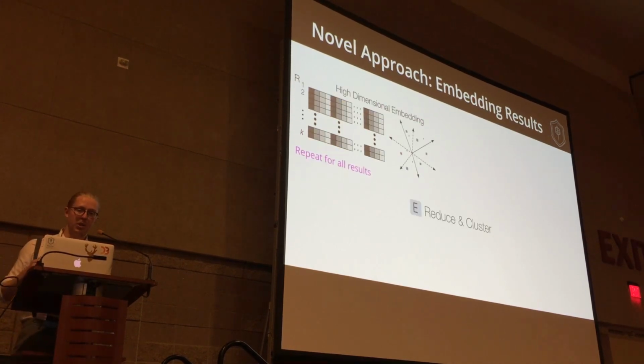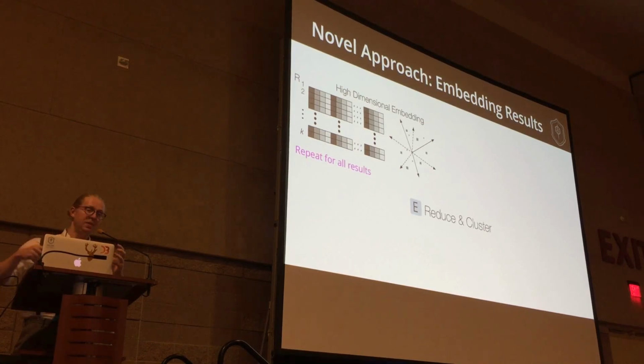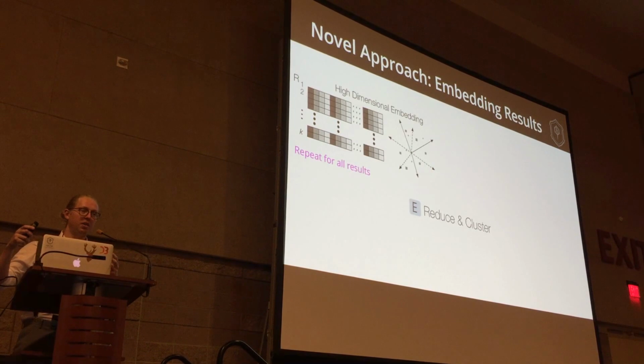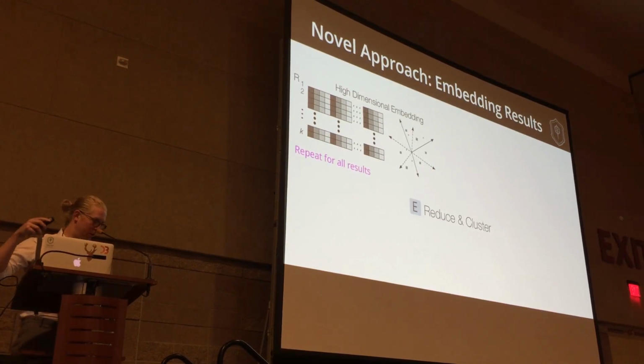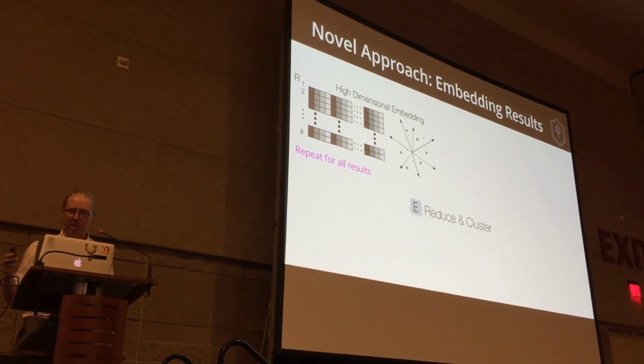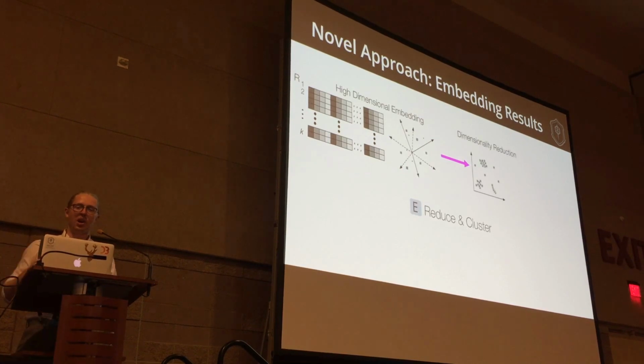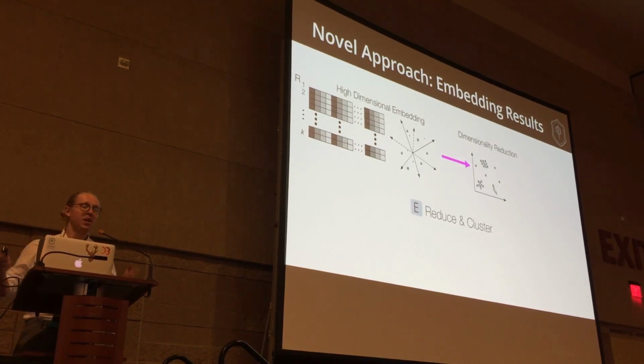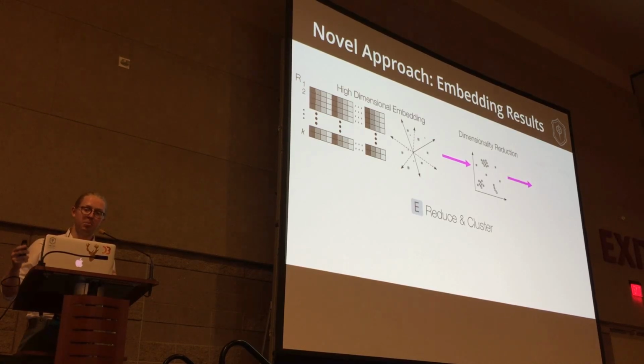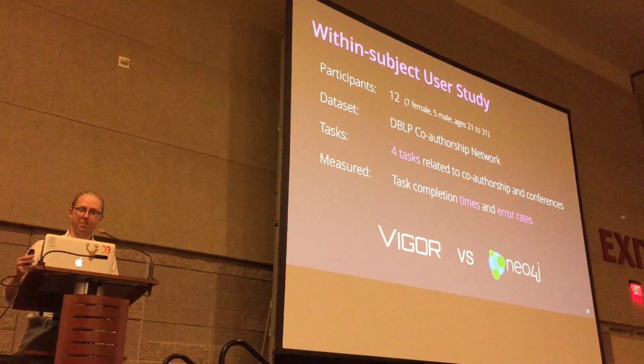And so what we'll do is we'll repeat this process for every single subgraph result you have. And so now you have all of your subgraph results as points in a high dimensional space, and then we can make use of dimensionality reduction techniques to lower that to a meaningful subspace, and then take that meaningful subspace and spatially cluster it to give you some meaningful clusters.